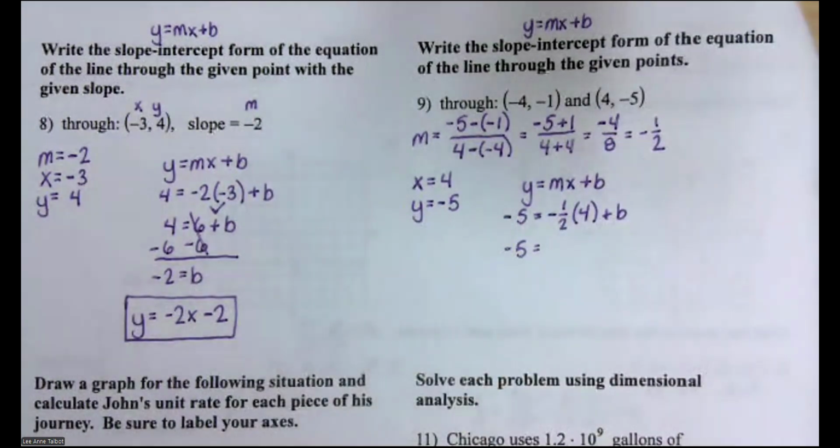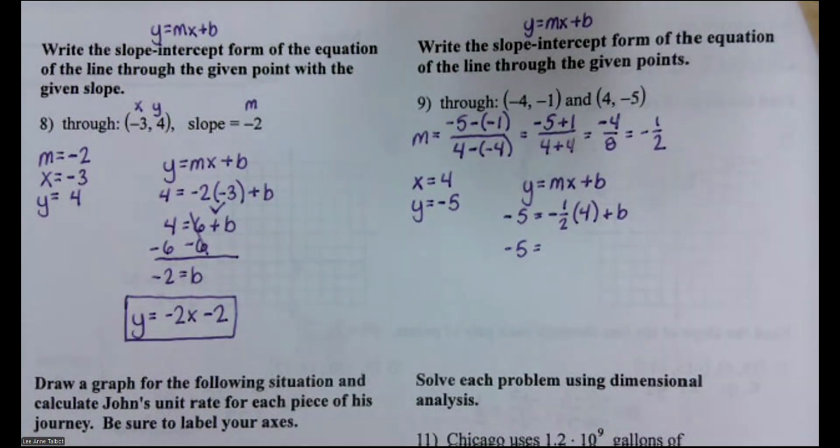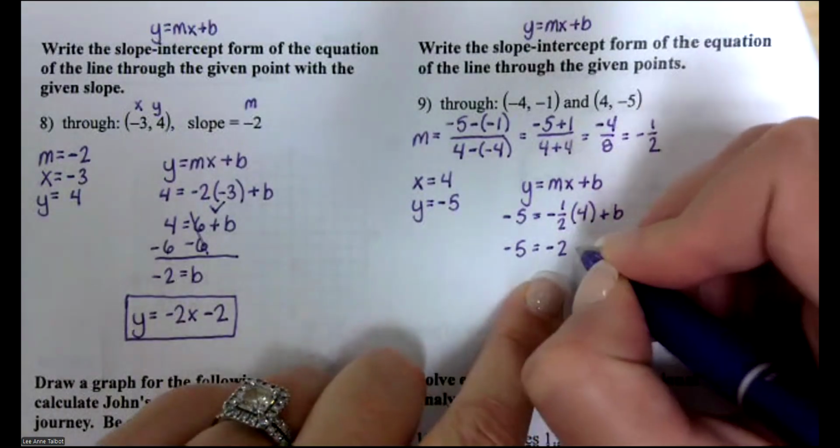What's negative 1/2 times 4? -2, perfect.